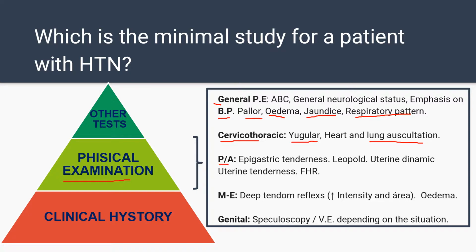Also to check per abdomen, specifically if there is epigastric tenderness, to do the Leopold as usual, to check if there is uterine dynamic, and also between contractions, if the patient is in labor, to check if there is uterine tenderness, because that can be because of an abruptio placenta. That is a common complication of this patient. Also to check the fetal heart rate, to check the viability.